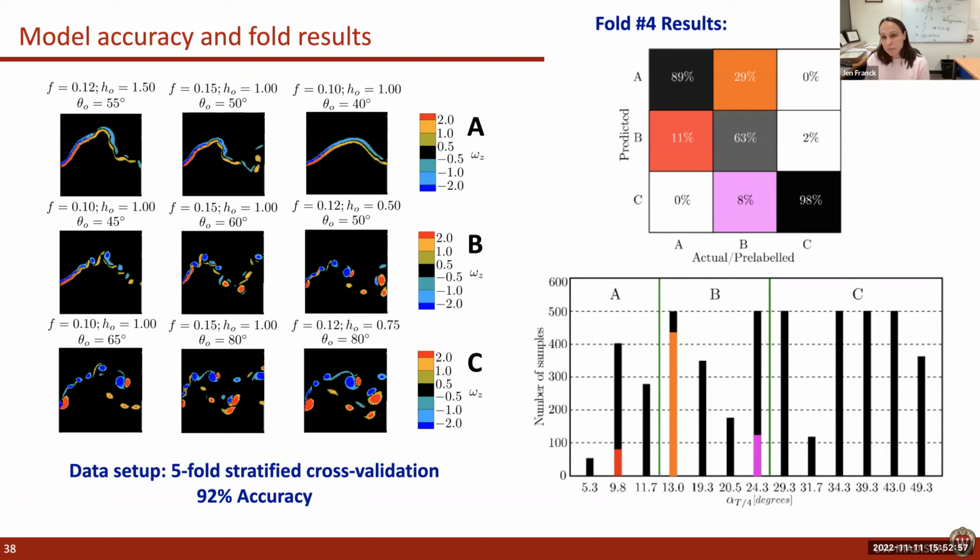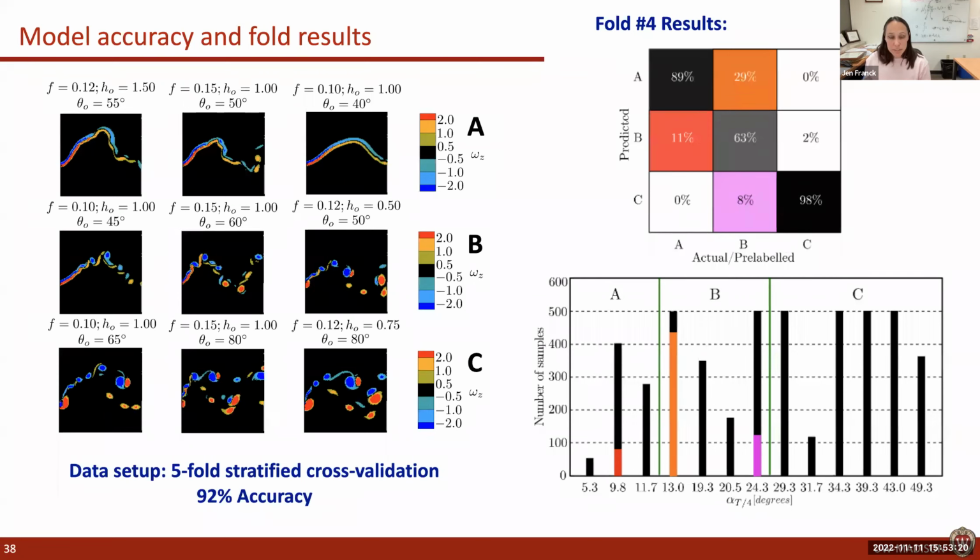And if we expand this data further, and say which images were not being classified correctly, we're seeing the orange and the pink are primarily at the edges of these bins. So the ones it's getting wrong are the ones that are close to the other classes.